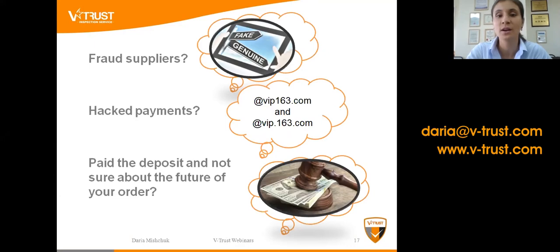Yeah, you can see here from VIP163 to VIP.163. This is just an example. Of course, it's a very, very simplified one, but still beware of these cases. Because sometimes also your previous correspondence with this factory is in the bottom of your email thread. So it's also not that easy to notice that immediately.